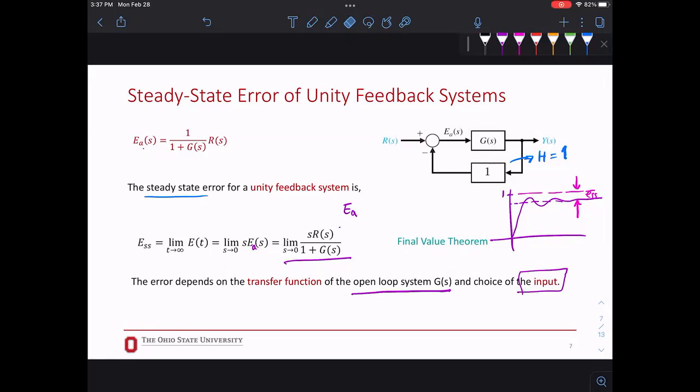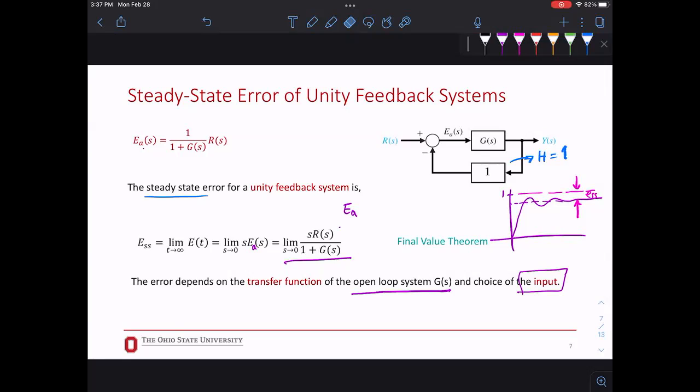If I try step input, then whatever I find out depends on what? The transfer function, right? So I'm kind of eliminating things. First, I said let's replace the sensor with a unity feedback. Let's assume the system is ideal. Now I'm saying let's assume my input is a step input, right? So I'm focusing on the transfer function.